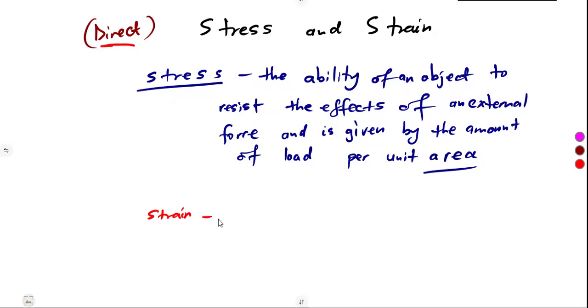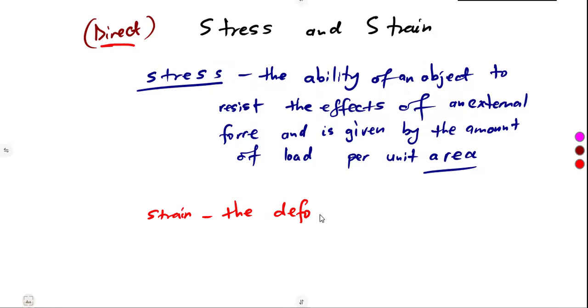So we are going to see that the strain now is the deformation of an object due to an internal state of stress. So that is why we say they do work hand in hand. So that is the deformation, this one.